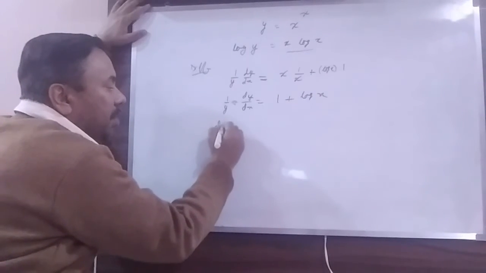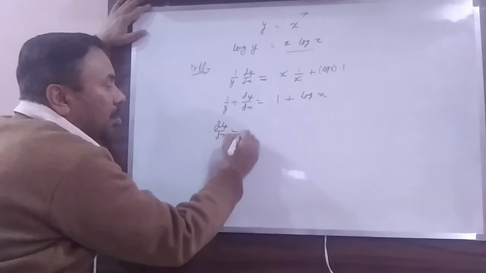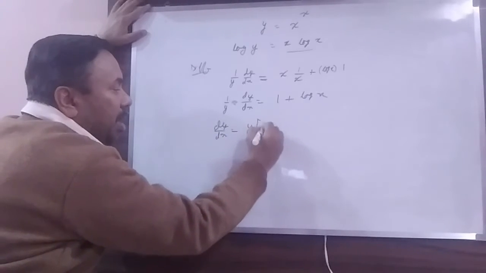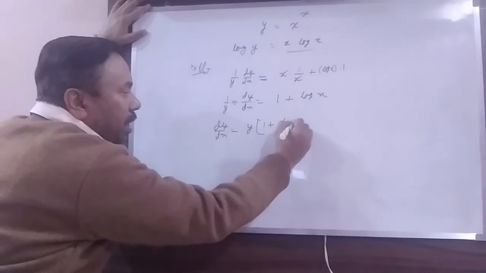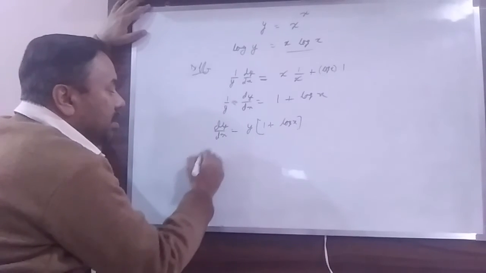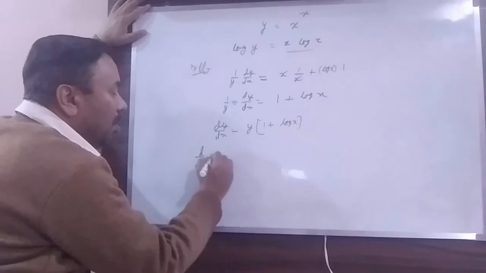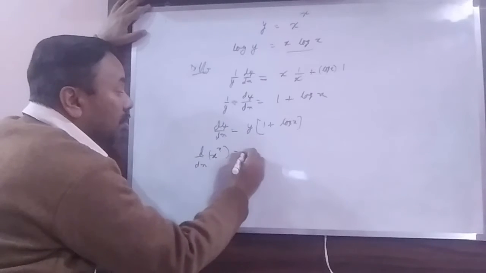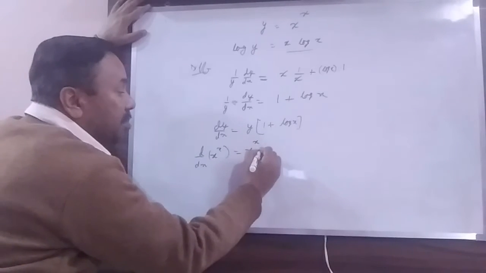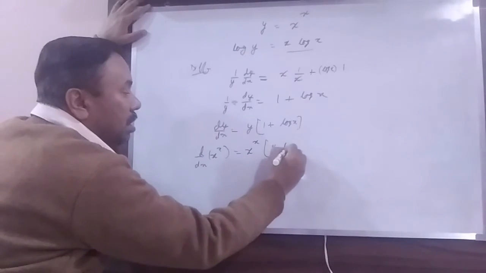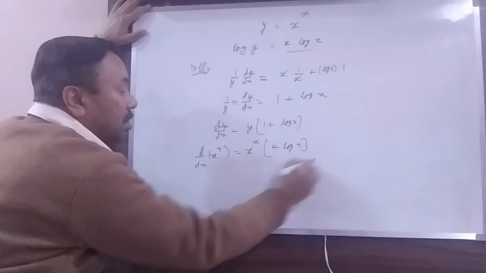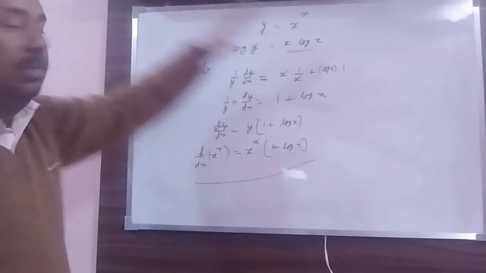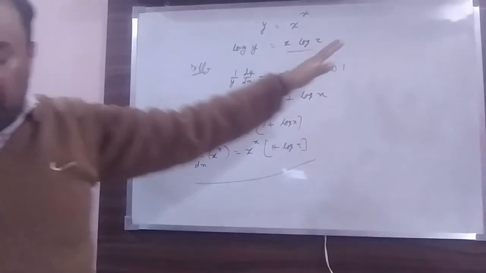So what is dy by dx? It is equal to y multiplied by 1 plus log x, or I can say d by dx of x raised to the power x is equal to x raised to the power x multiplied by 1 plus log x. Very simple. So I don't think there should be any problem.